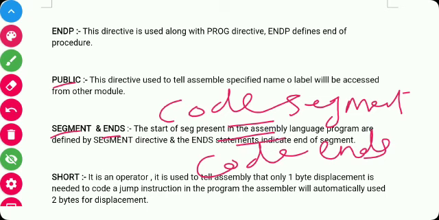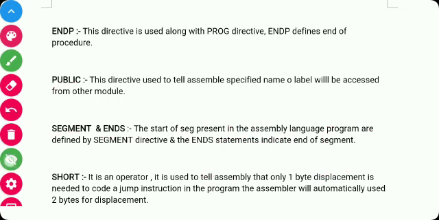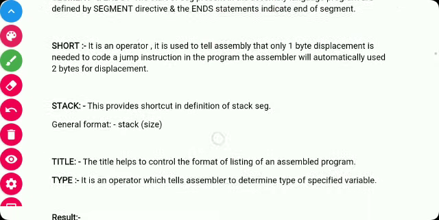SEGMENT is used at the start and ENDS defines the end of that segment. SHORT is an operator to tell the assembler that only a one byte displacement is needed to code a jump instruction. Means when a short jump is used, the SHORT assembler directive is used.